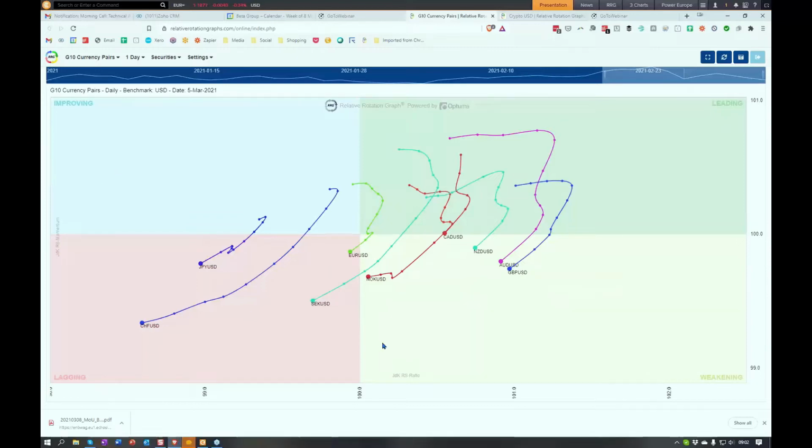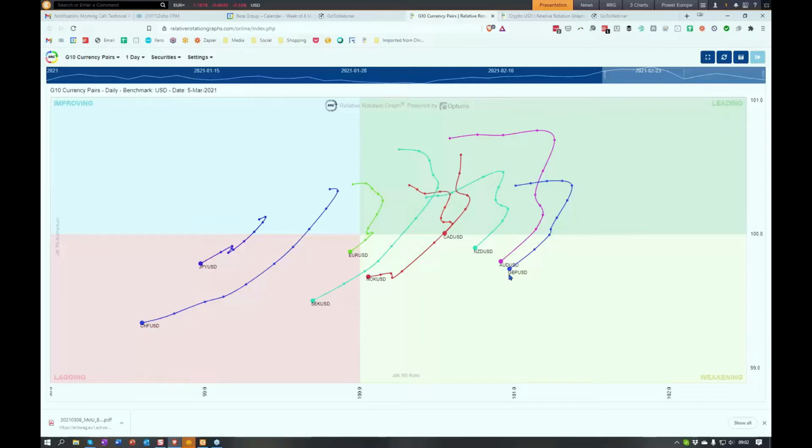So just to explain what the X and the Y axis is, the X axis here, this horizontal axis, the vertical line here is 100. In the middle is the US dollar. And you see it goes 100, 101, 102. This means the further to the right you are, the stronger the thing is compared to the thing in the middle, which is in this case the US dollar.